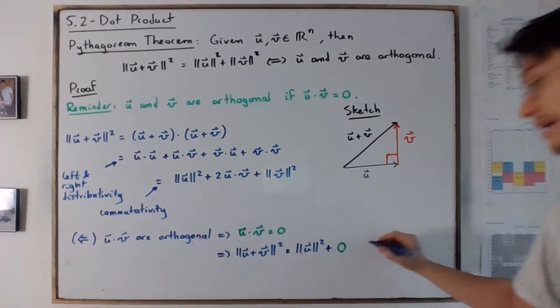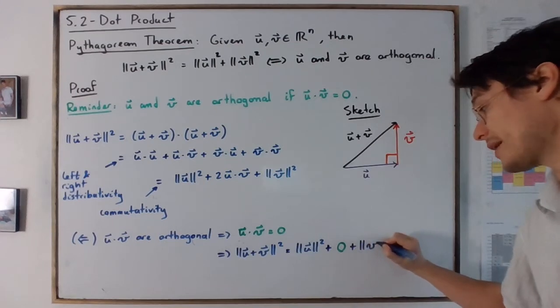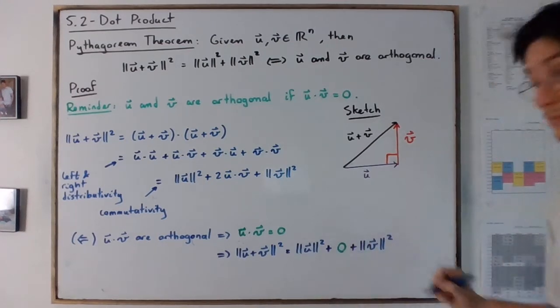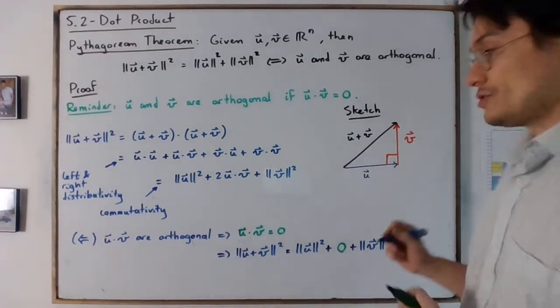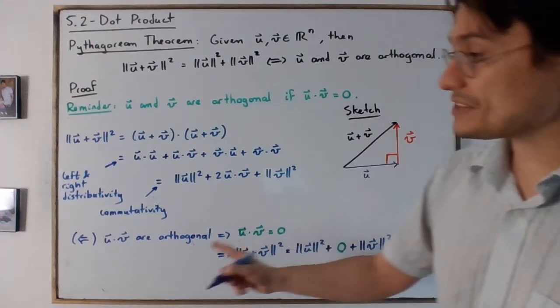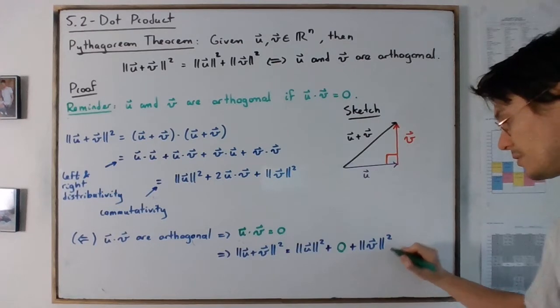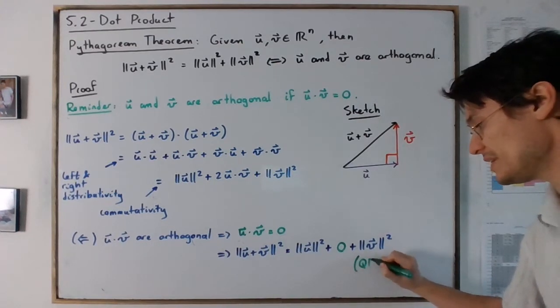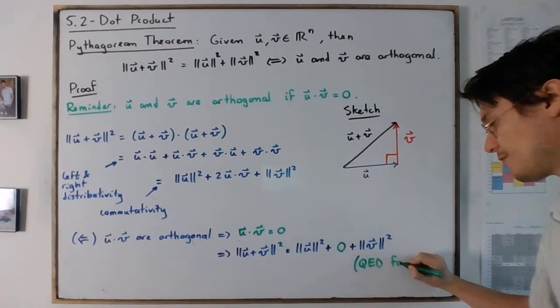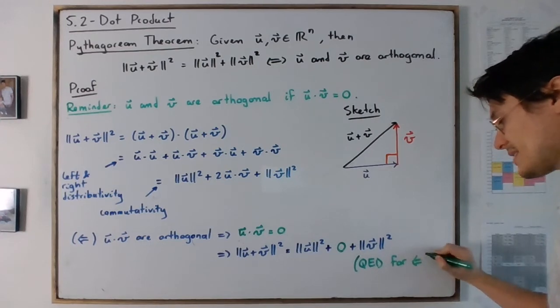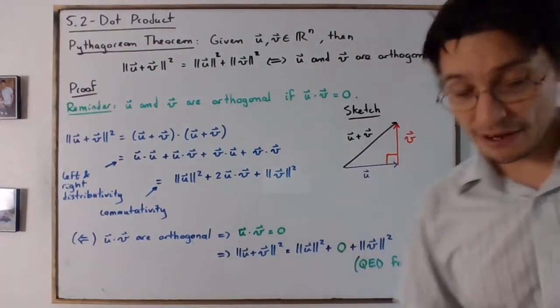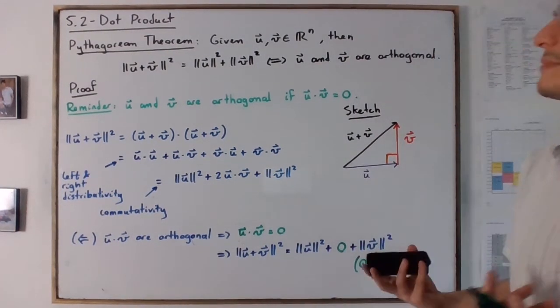Plus the norm of v squared. So this is QED for this little part right here. So I'll put QED for this side. But the other side is proved very similarly.